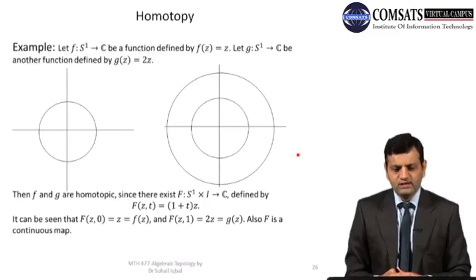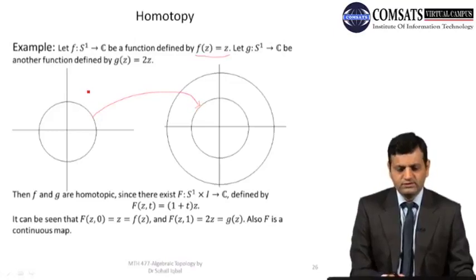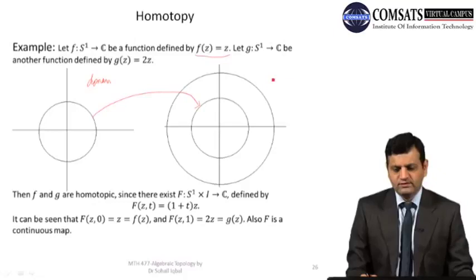So we can say that this function, which is defined by f of z is equal to z, the identity function, is taking this circle to this circle. So this is the domain space and this is the range space. In the domain it takes points of the circle and gives me points in the range space.